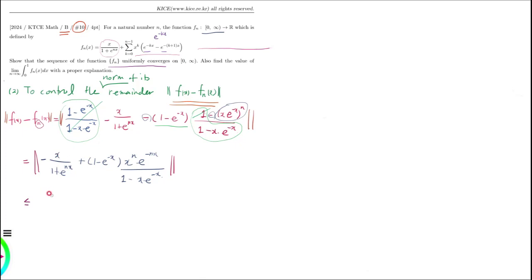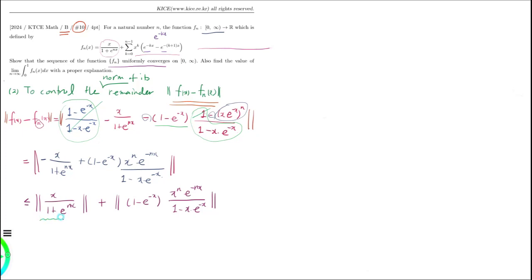I'm going to separate each term and sum each norm: x over 1 plus e to the nx power plus 1 minus e to the minus x times x to the n e to the minus nx over 1 minus x times e to the minus x power here.